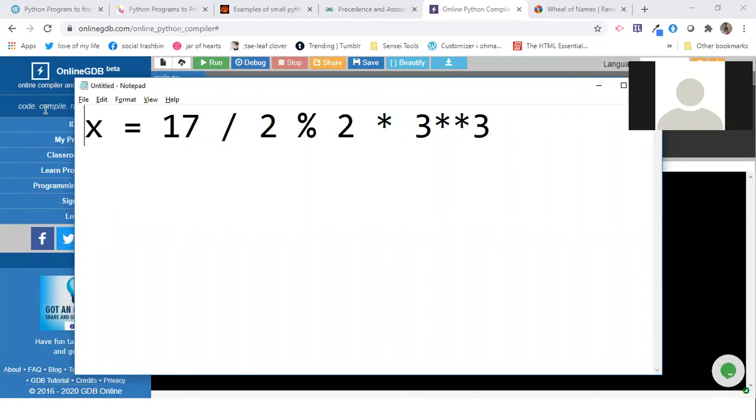Other answers? 13.5 then. Let's check first. Ano una nyo evaluate? We have division, modulus division, multiplication, and exponent. Ano yung dapat mauna?